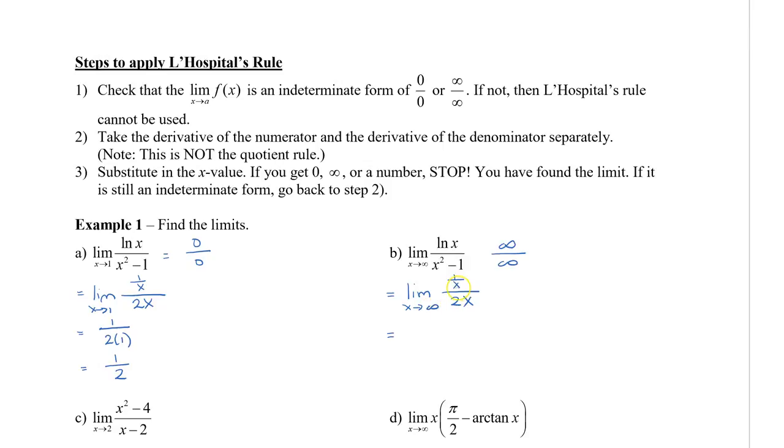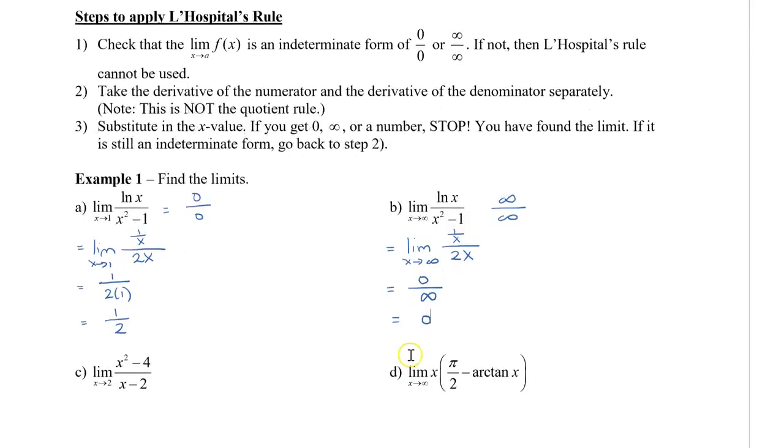So 1 over infinity means 1 over a very large number, which means my numerator will be 0. In the denominator, 2 times infinity, a very, very large number, means my denominator will be infinity. So in this case, 0 divided by any number will always be 0.